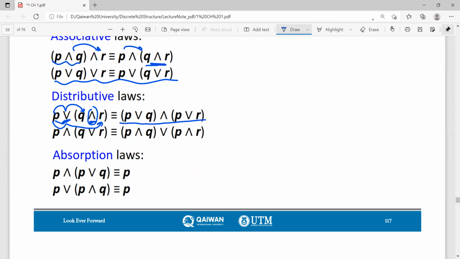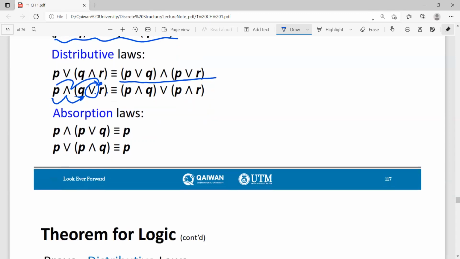So you get P or Q and P or R. And also for P and Q or R, we can say P and Q or P and R. So that's it.